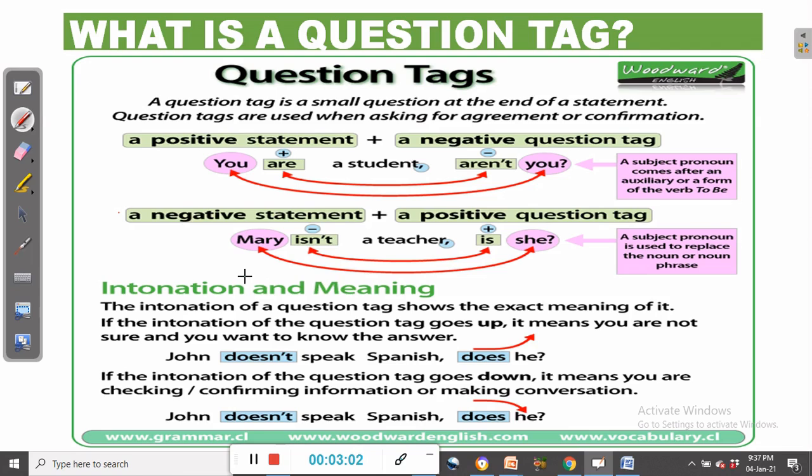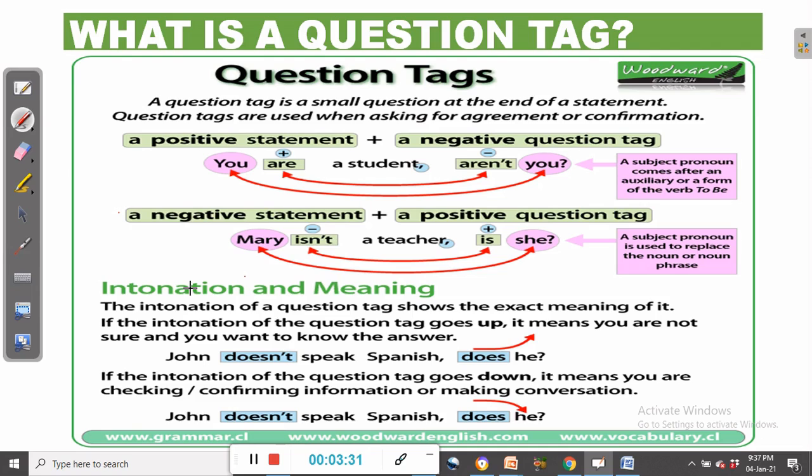Now, there is a connection between question tags and intonation and meaning. The intonation of a question tag shows the exact meaning of it. If the intonation of the question tag goes up, it means you are not sure and you want to know the answer. John doesn't speak Spanish, does he?